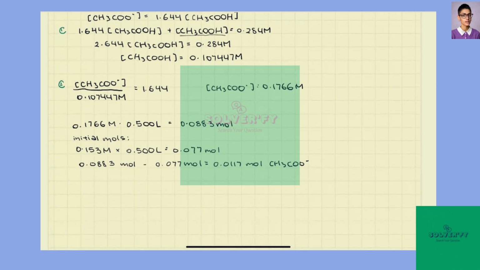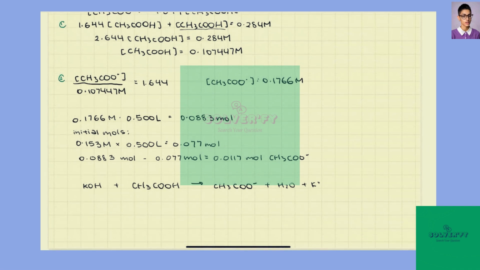Next, we can look at the equation if we were to add KOH into the buffer. We will notice that they are all in a 1:1:1 ratio. And so, since we have 0.0117 moles of CH3COO minus, we will need the same amount of moles for KOH because it is in a 1:1 ratio.